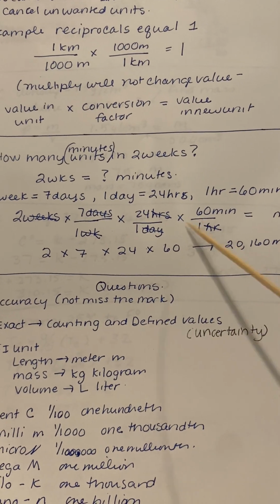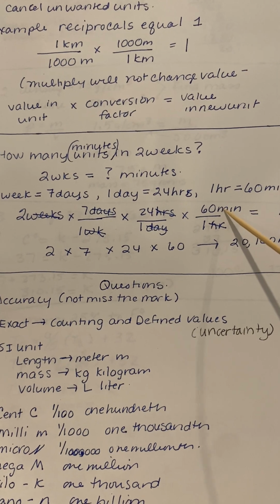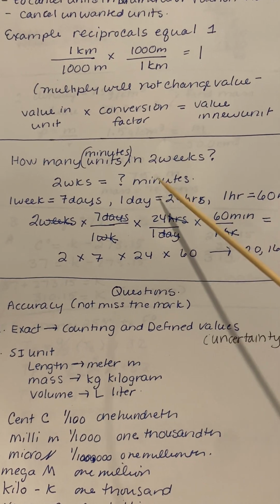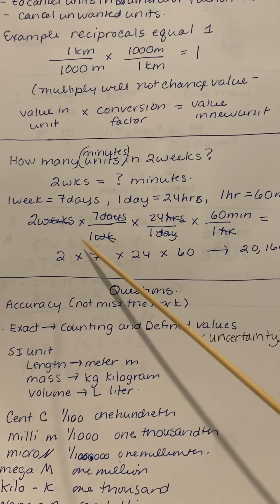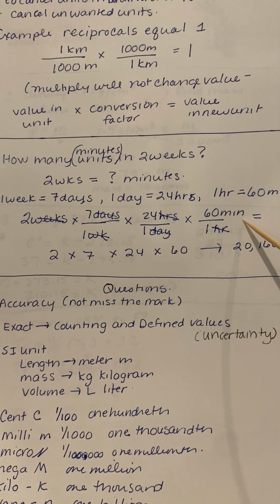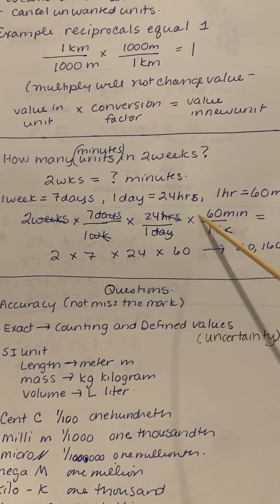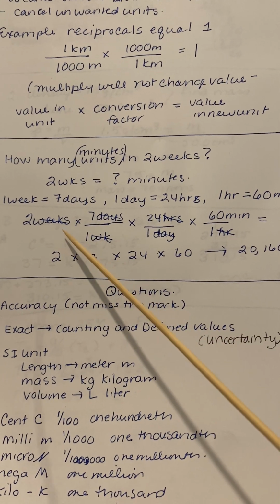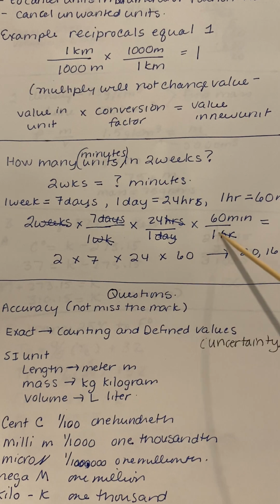And now if we look here, we have hours. And so we have 1 hour equals 60 minutes. Okay, now we're in minutes. We need to know how many minutes. So we crossed out the hour, we crossed out the day, we crossed out the week, and what we have left is just minutes. So now we have a whole bunch of numbers here, and we need to multiply all these numbers. In the denominator, we have 1, right?